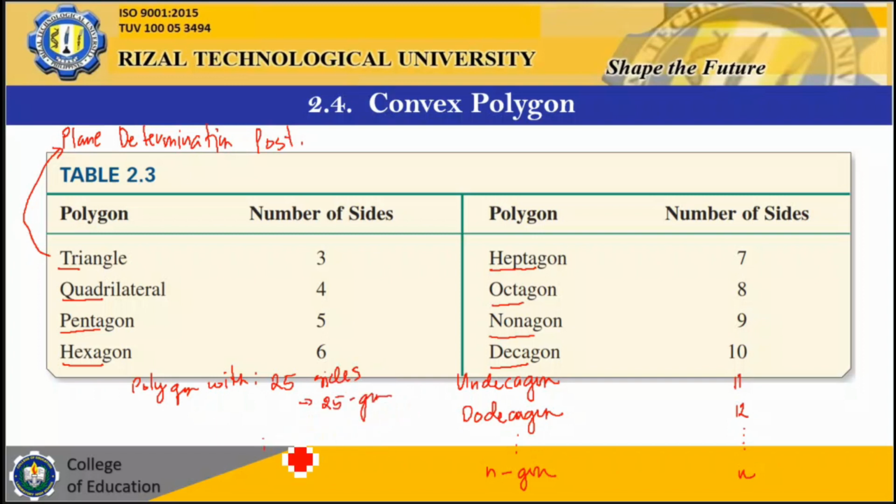A polygon with 85 sides is called an 85-gon.